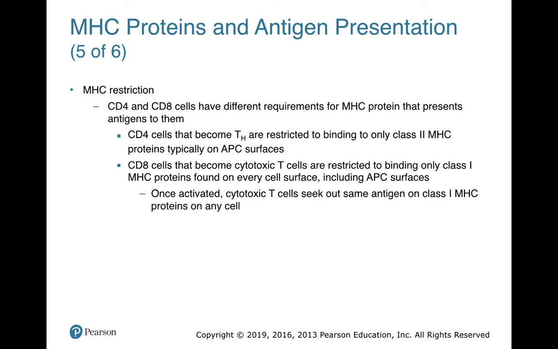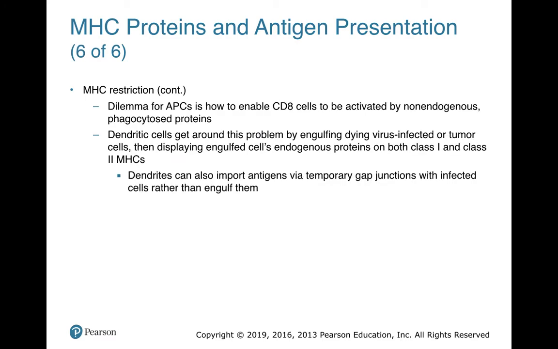Once they're activated, cytotoxic T cells will seek out the same antigen on class I MHC proteins on any cell and kill that cell to prevent viral infections. It's a dilemma for how antigen-presenting cells allow CD8 positive cells to become activated by non-endogenous phagocytized proteins.